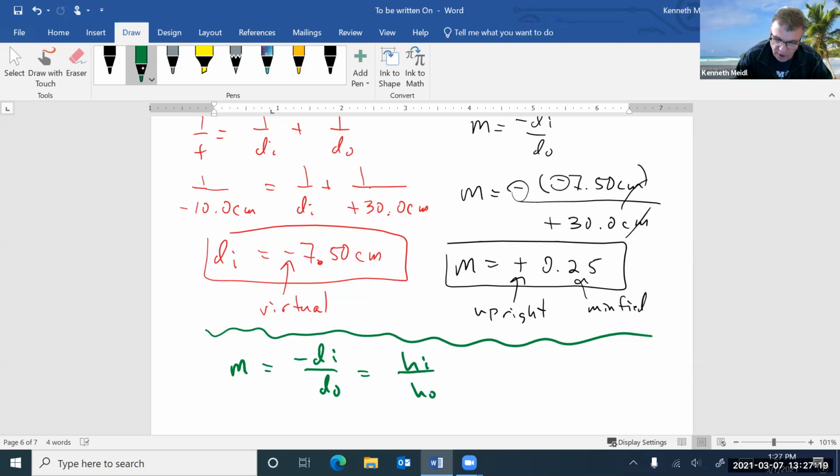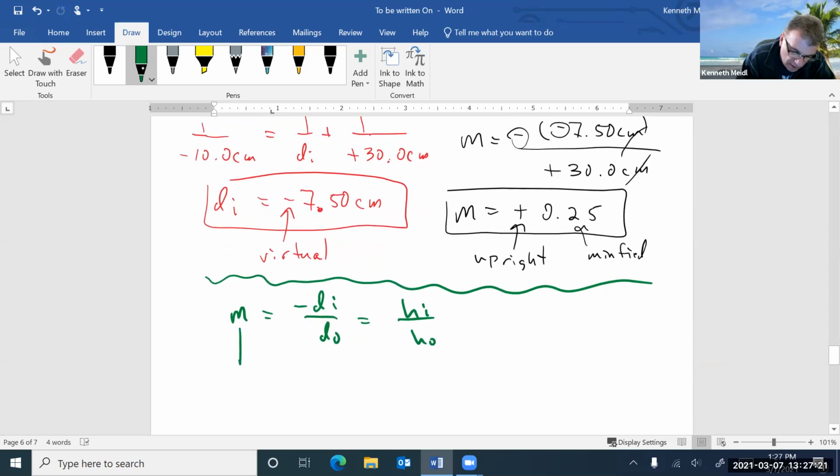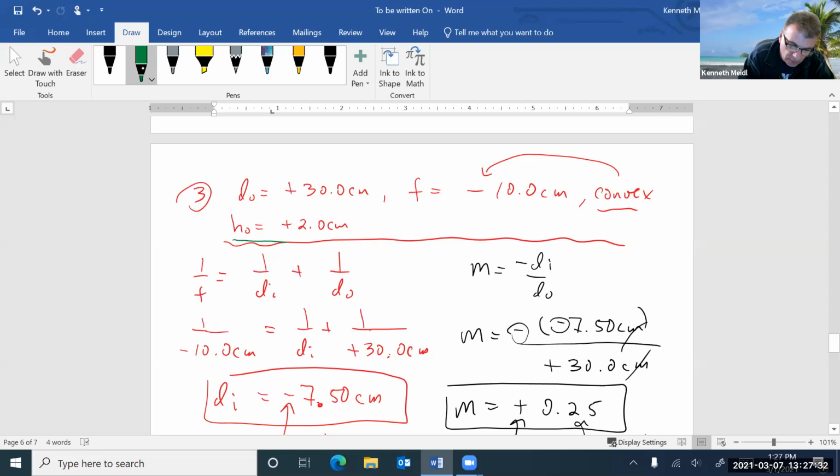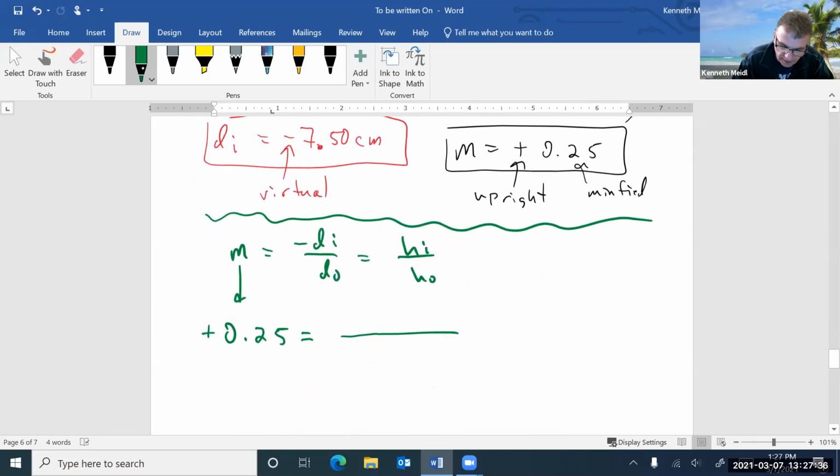My magnification here is a number that I know, and that's plus 0.25. And the object, its size was something that we were told. We were told that the object was 2 centimeters big, right? So I'm going to put in 2 centimeters here.